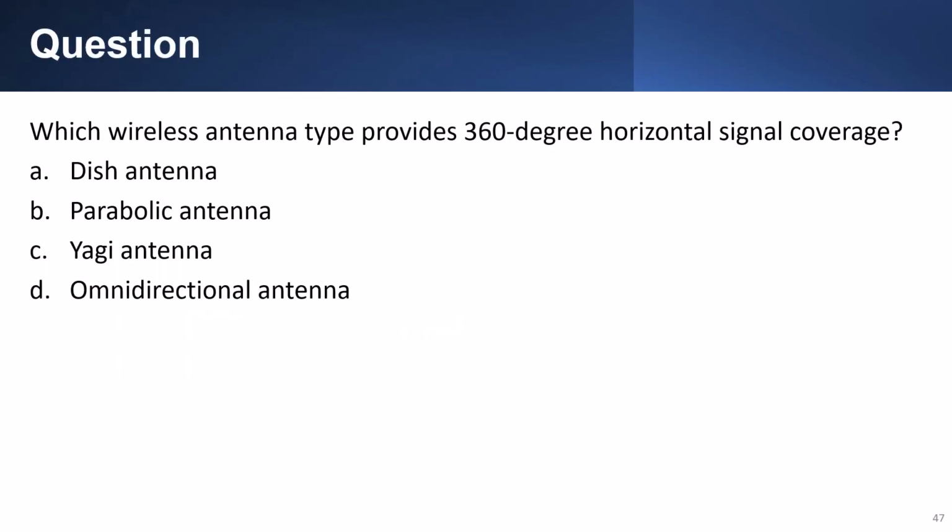Question: which wireless antenna type provides 360-degree horizontal signal coverage? Answer: omnidirectional antenna.